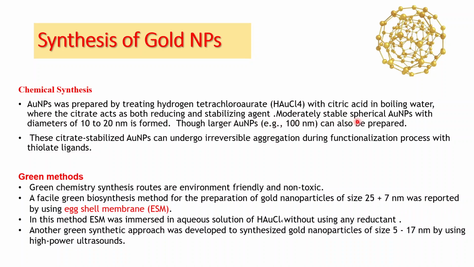Moderately stable spherical Au nanoparticles with diameters of 10 to 20 nanometers were found, though larger nanoparticles, for example 100 nanometers, can also be prepared by this method. These citrate stabilized gold nanoparticles can undergo irreversible aggregation during the functionalization process with thiolated ligands. This is the simplest of the chemical syntheses.